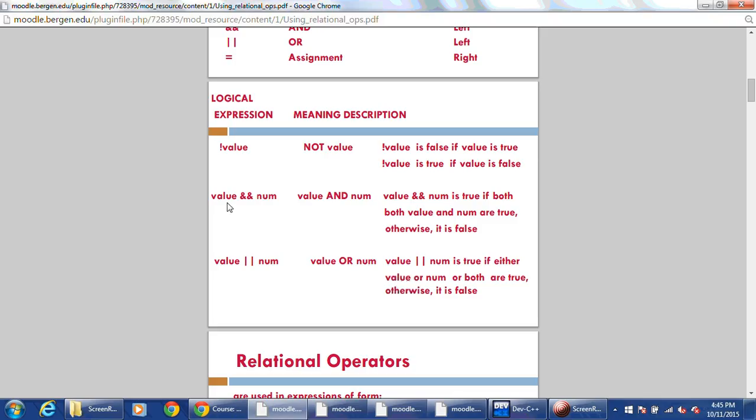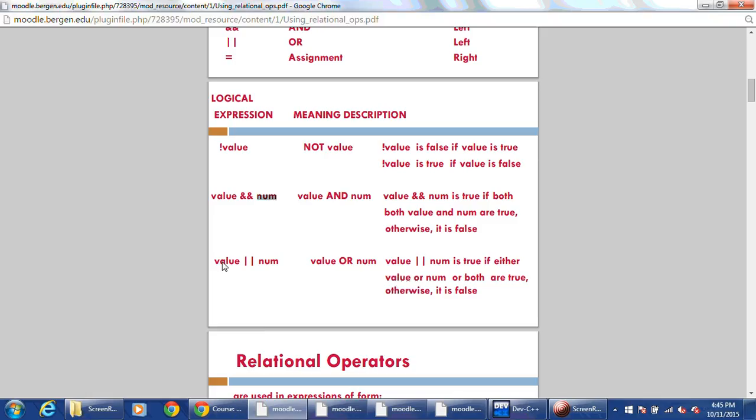But if you have true and false, you're going to have a false, or false and true, you're going to have a false. And then obviously false and false will give you a false. Again, the and operator will only return true if both operands are true. Both operands need to be true for this to be evaluated as true.